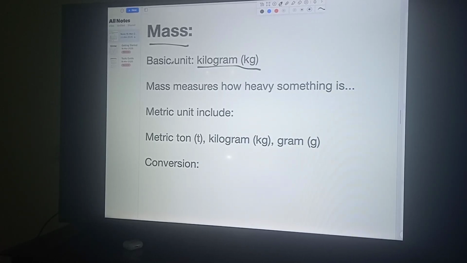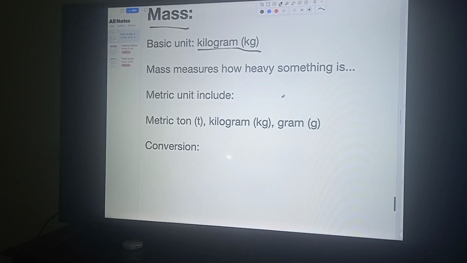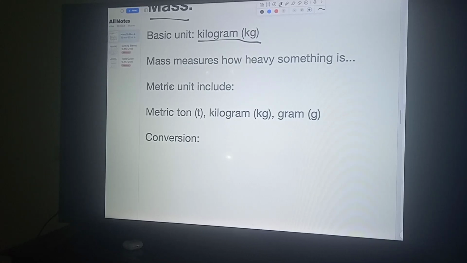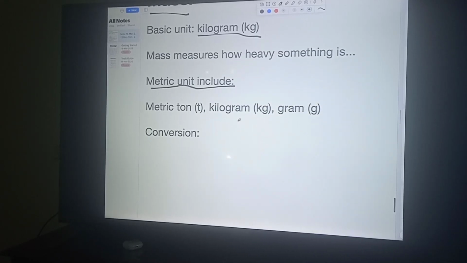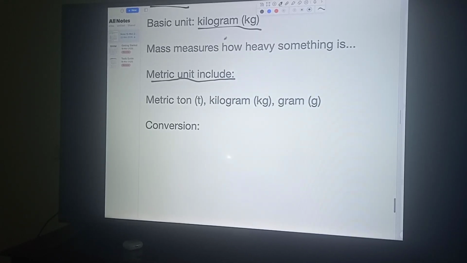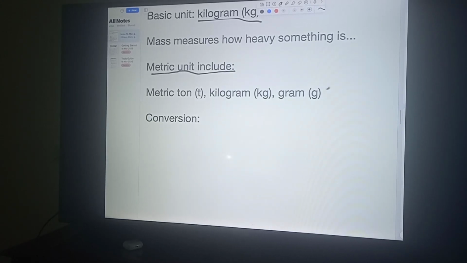Mass basically measures how heavy something is, meaning the weight of an object, etc. Its metric units include metric ton, which is represented with small t, kilogram, already discussed, which is its basic unit, gram, and so on, etc.